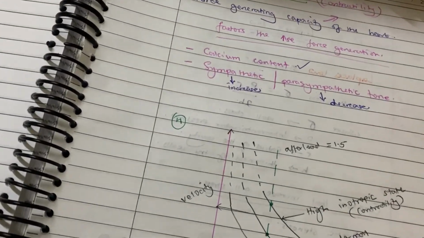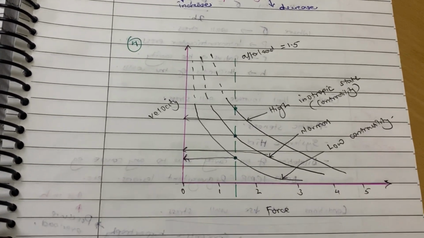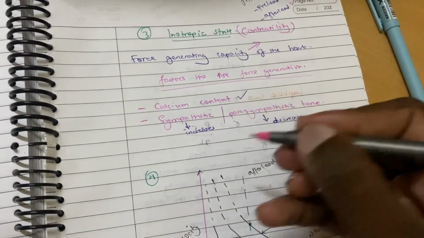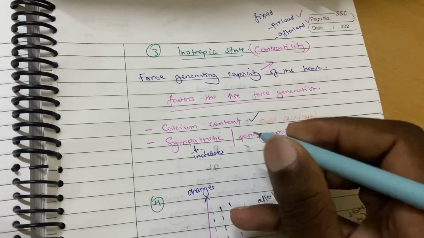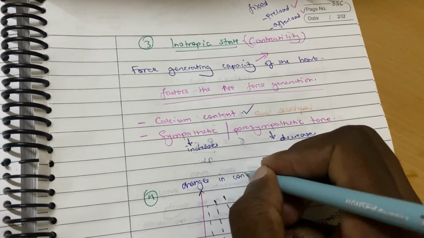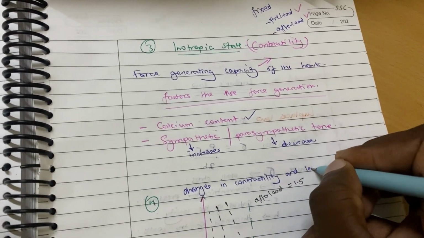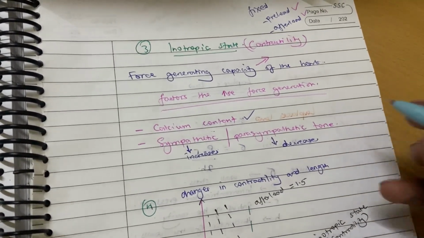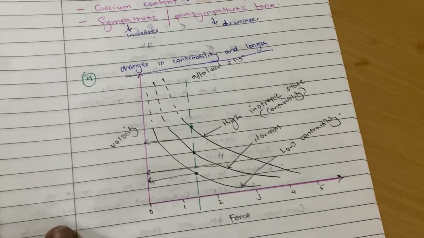So this graph is for the effects of changes in contractility and length with force generation. So that is the graph.